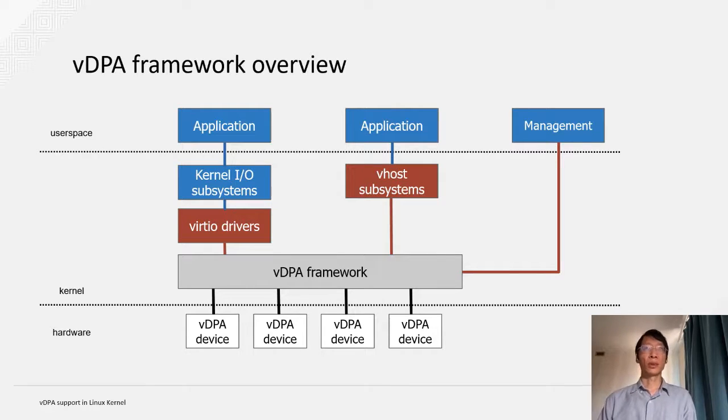And when connected to the virtio drivers, a kernel-visible virtio interface will be presented to the kernel I/O subsystems. So the applications can choose any of the mature uAPIs supported by the kernel subsystems to control the VDPA device as if it were a virtio device. And the framework will also try to present a unified management API for the management applications.